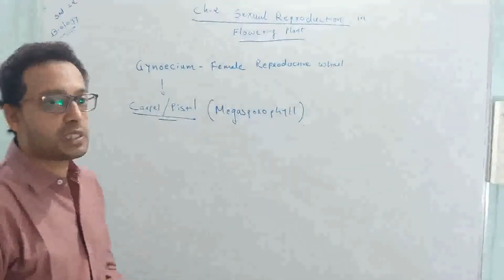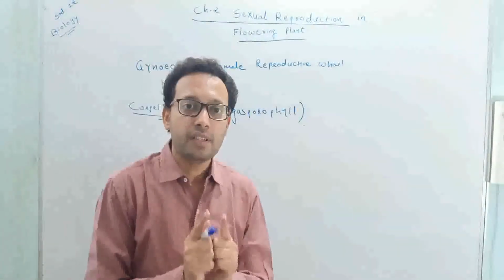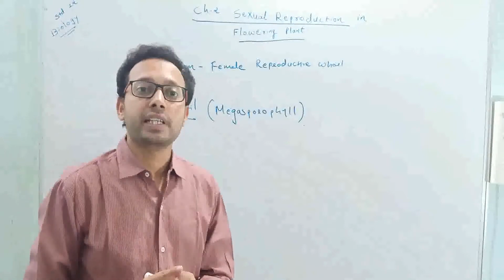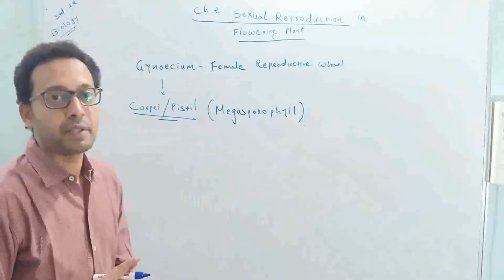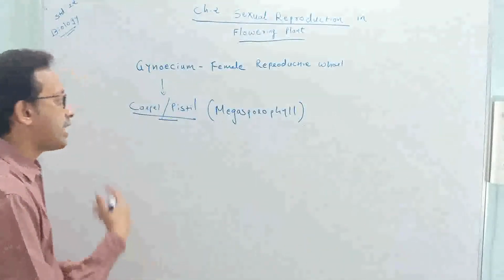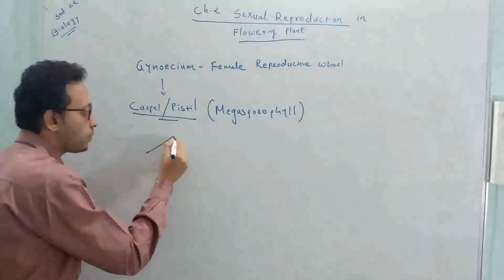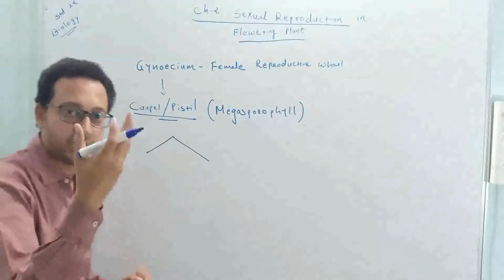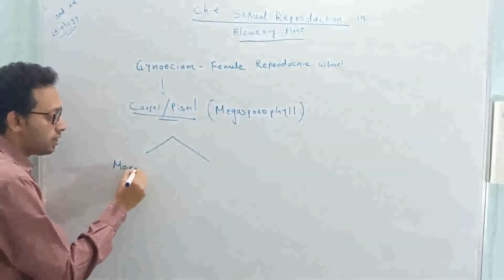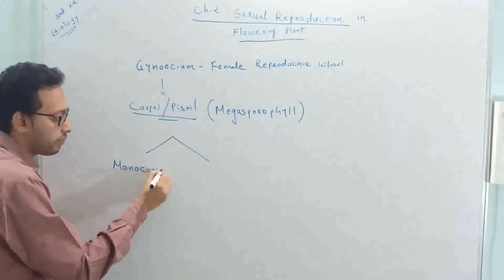This carpel or pistil is an individual unit of a gynoecium. How many carpels are present in a plant? The number of carpels present in a gynoecium or in a flower may vary. If the flower possesses only one carpel, such kind of flower is called as monocarpellary.